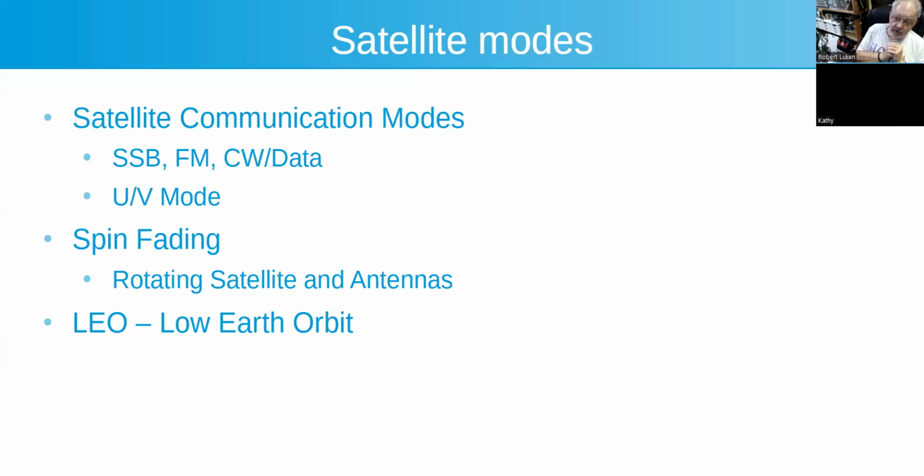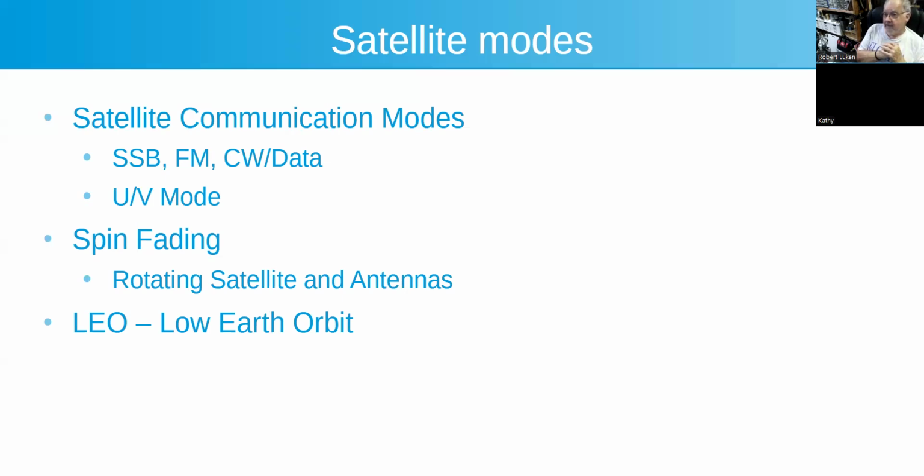If it was VU mode, it'd be receiving on VHF and transmitting on UHF. And remember, a satellite is similar to a repeater, but in a repeater, there's a frequency offset in the same band. It's either 600 kilohertz if it's VHF or 5 megahertz if it's UHF. In the case of a satellite, if it's receiving on UHF, it's going to transmit on the VHF band, an entirely different band, not just a frequency offset.